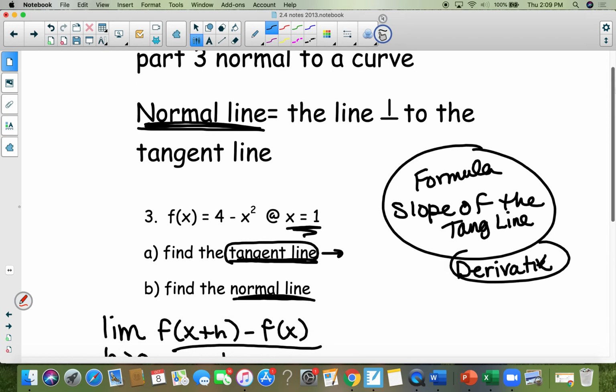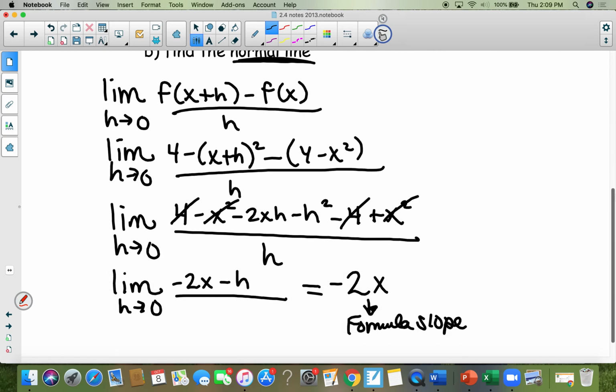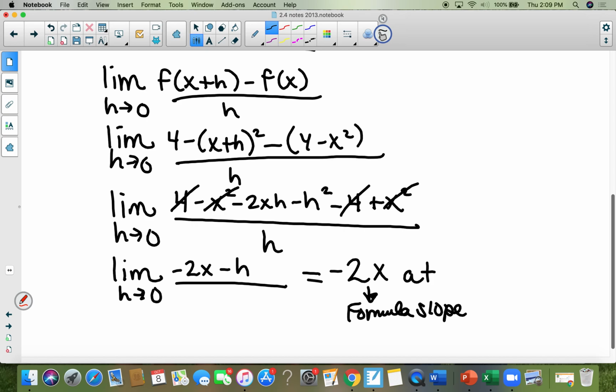At x equals 1? At x equals 1, the slope equals what? What does the slope equal? A negative 2. The slope at x equals 1 has a negative slope. It has a negative slope of a negative 2, but we're not even close to being done.